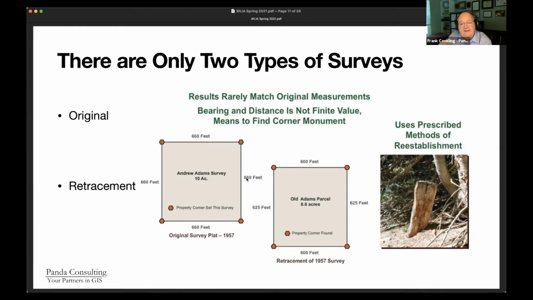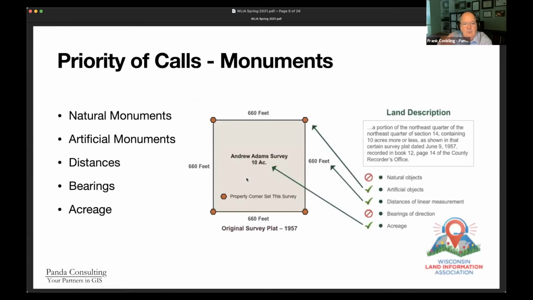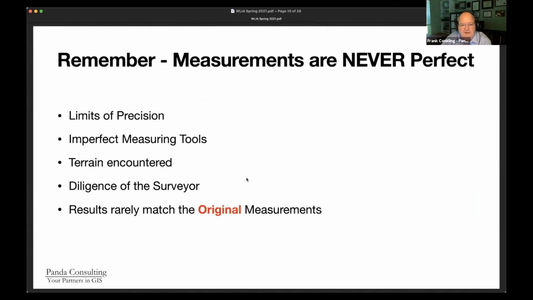It means that the monuments establish that. And if you look at, again, let's go back here, what controls the location of this? It is the artificial monuments which were established. And then below that, the distances are subject to where those original monuments are located.